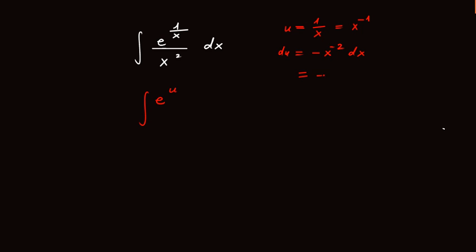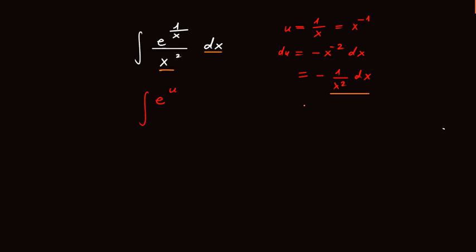That is, this thing is minus dx with a 1 over x squared in front. Okay, that's good because this is really the same as what we have here and here. We have dx, we have an x squared in the denominator. Here we have a dx and x squared in the denominator. The only difference is this minus sign. Okay, so we have to adjust for the minus sign.